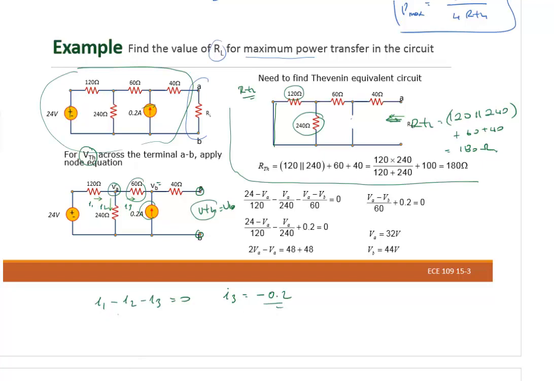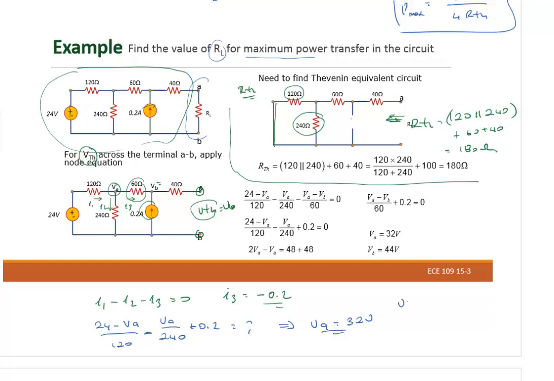So I1 will be equal to (24 minus VA) divided by 120. Negative I2 will be equal to VA divided by 240, plus 0.2 here. From here we can find VA easily. If you solve for VA from here, VA is 32 volts.